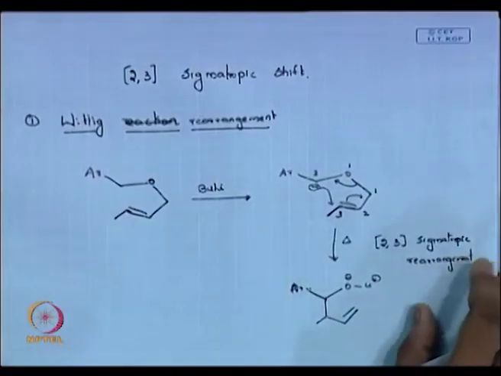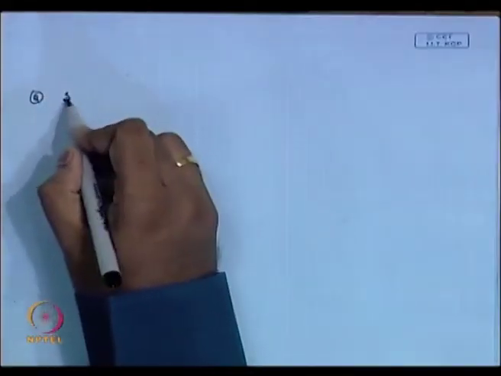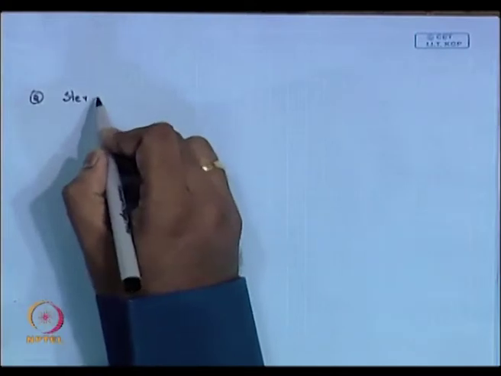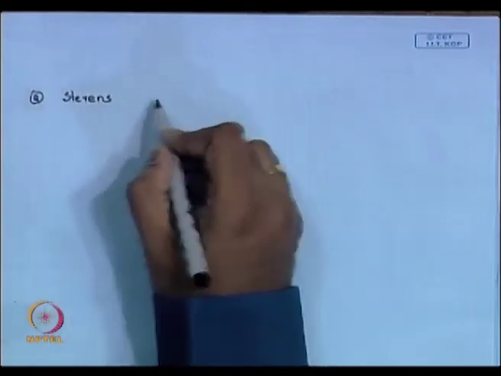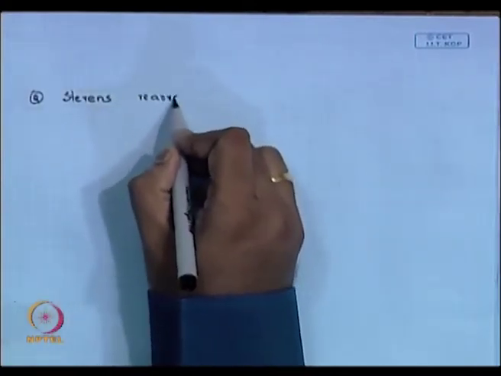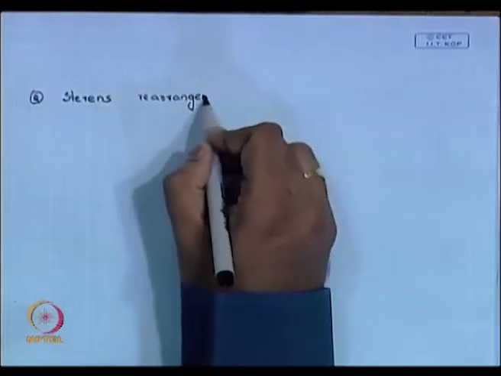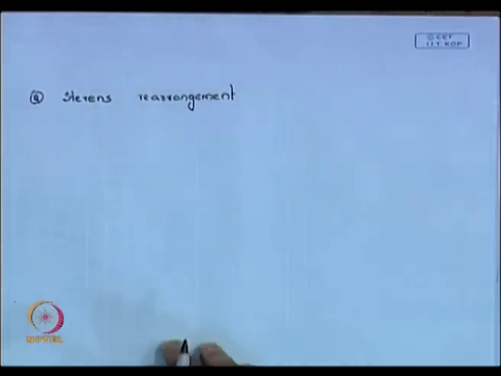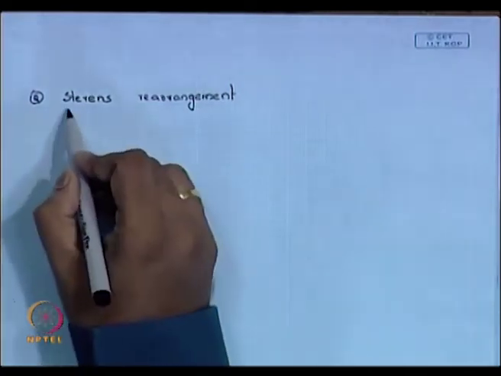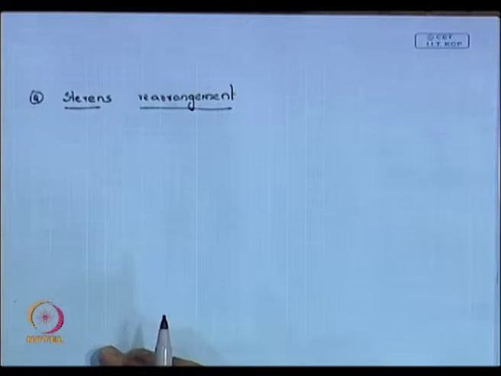Then you have the Stevens rearrangement. Stevens rearrangement is similar to the Wittig one. In Wittig, you take an allylic ether, which has an oxygen. In Stevens, you work with nitrogen, that is all.